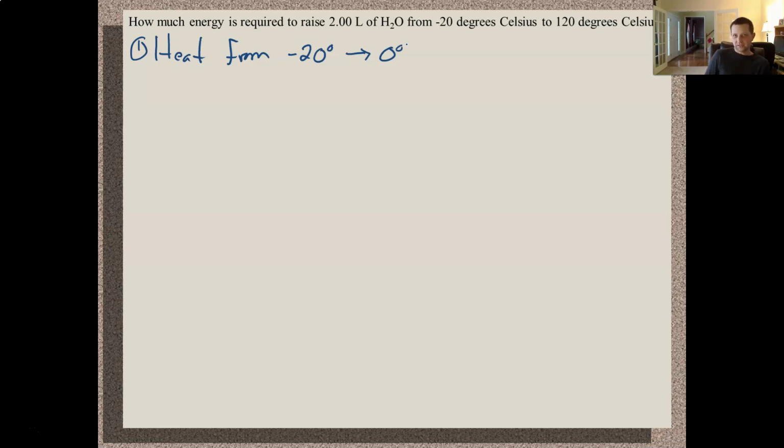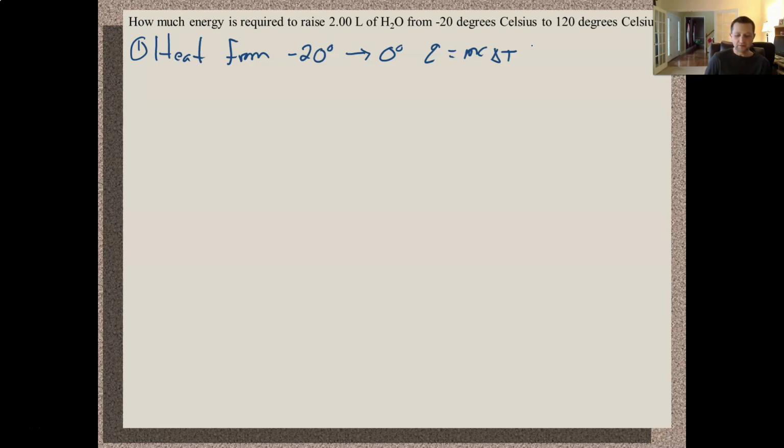Once I hit 0 degrees, the temperature doesn't change anymore, it flatlines, so I have to use a different equation then. So what I like to do is write down what's going on first: heat from negative 20 to 0. Since there is a temperature change here, I'm going to have Q equals MC delta T as the main formula I need to use here.